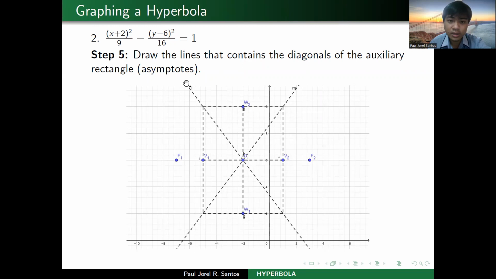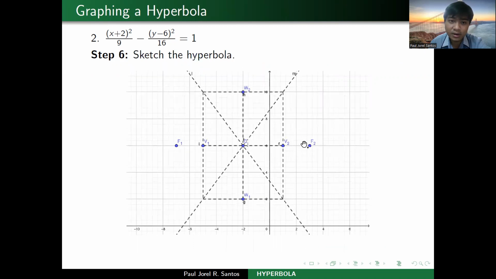While this one here, the line that goes down from left to right, is the line y equals negative 4/3 x plus 10/3. So those are the asymptotes. And we have here the sketch of the hyperbola.